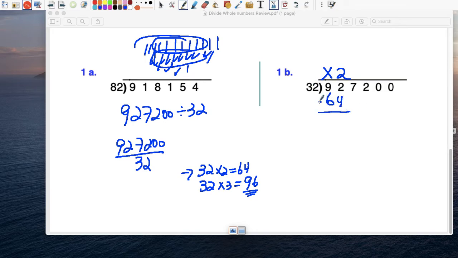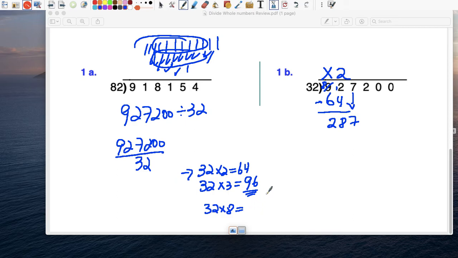Let's subtract. 12, well, borrow. 12 minus 4 is 8. 8 minus 6 is 2. Bring the 7 down. 32 goes in 287. How many times? Well, let's try 8. You can try 5.